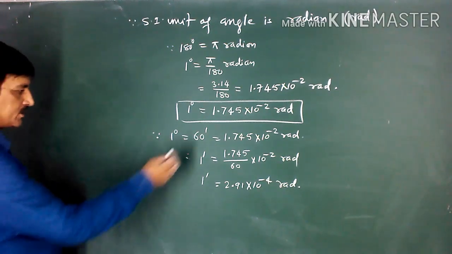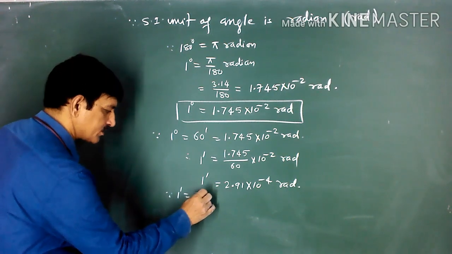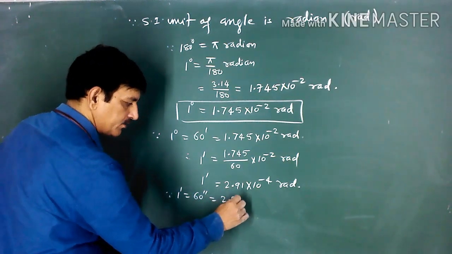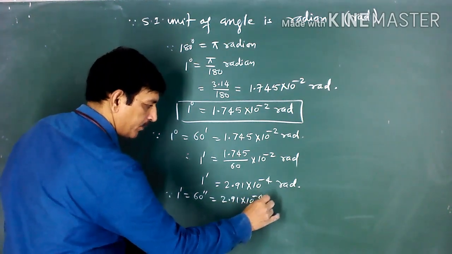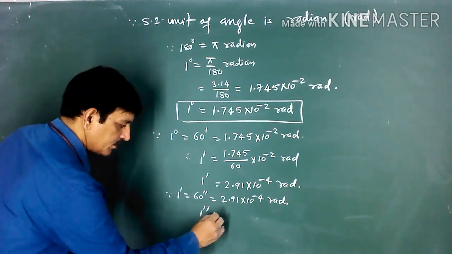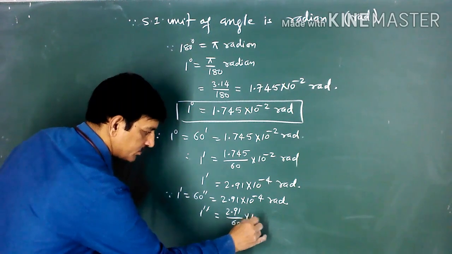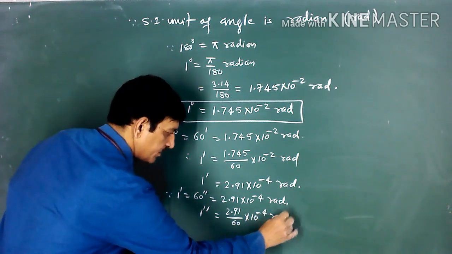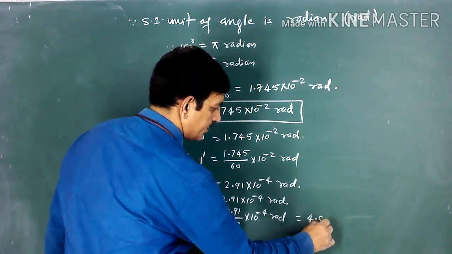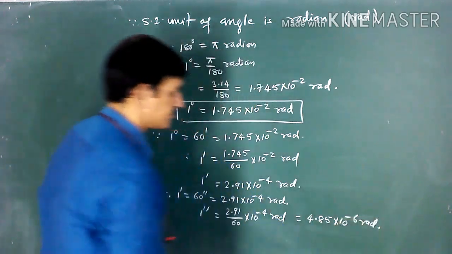Also we want to measure the value of a second. Since 1 minute is equal to 60 seconds and 1 minute is equal to 2.91 into 10 to the power minus 4 radian, therefore 1 second is equal to 2.91 divided by 60 into 10 to the power minus 4 radian, and after calculating this value we get 4.85 into 10 to the power minus 6 radian.